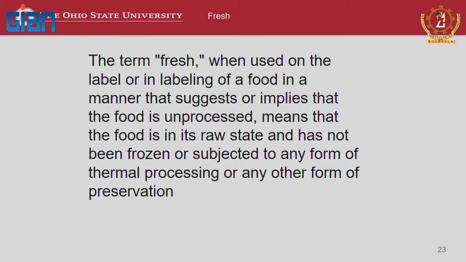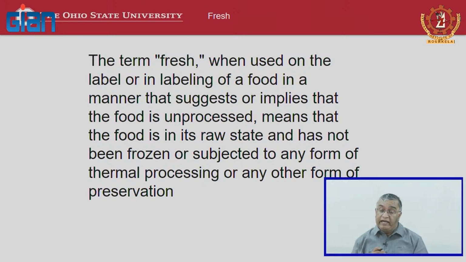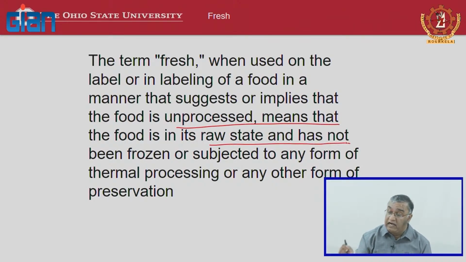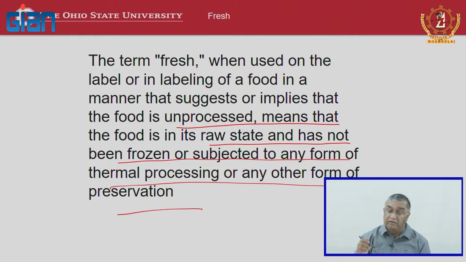So, the term fresh on the label implies that the food is unprocessed. That means it is in a raw state and has not been frozen, or subjected to any form of thermal processing or any other form of preservation. But if you look at it, most of the products in the supermarket today have gone through some type of processing. So, if you look at a simple apple, is the apple you buy in the store processed?